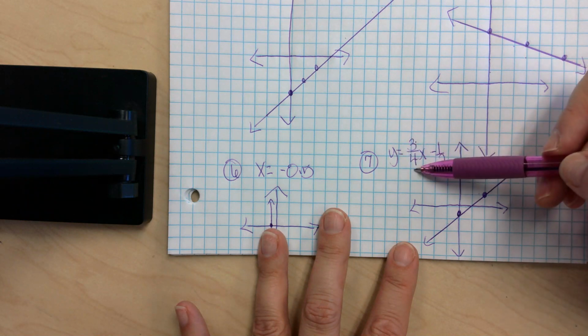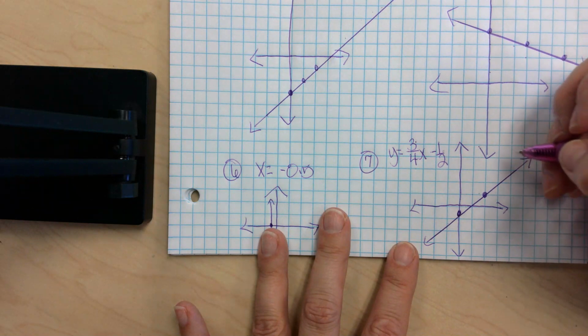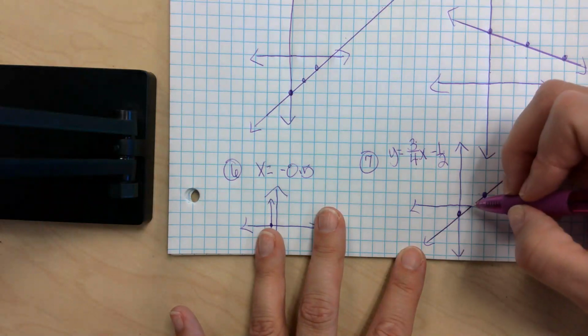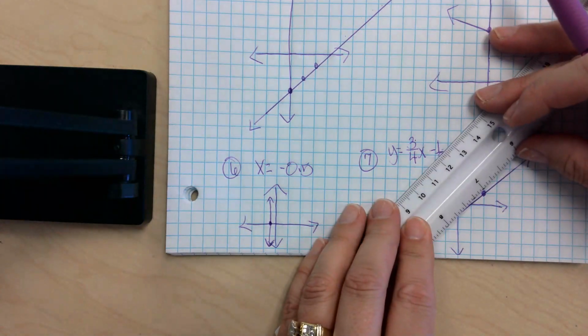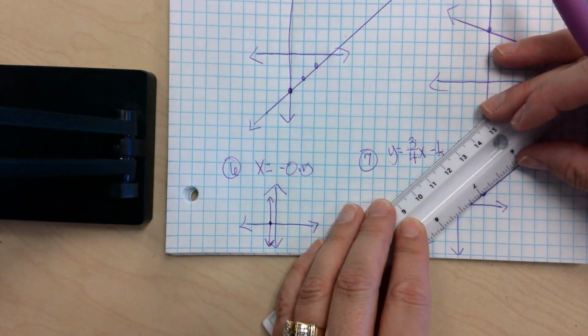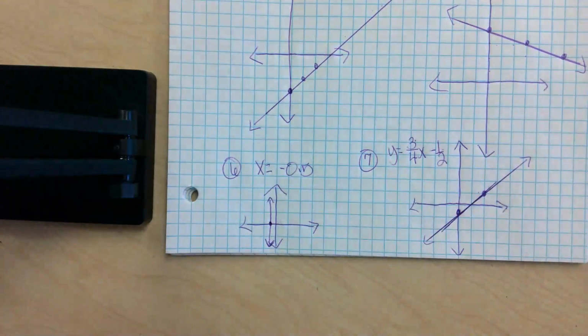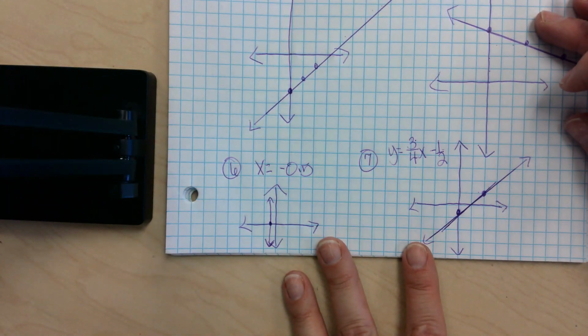Y equals 3/4 times 1 minus 1/2. 3/4 minus 2/4 would be 1/4. So my line is a little wonky looking because I didn't get it right in the center of the lines, but we would end up with the same line.